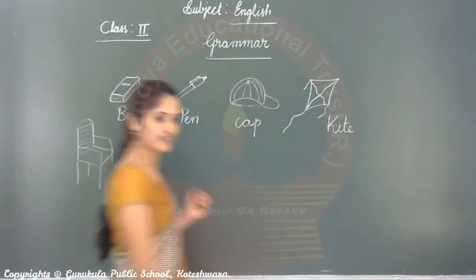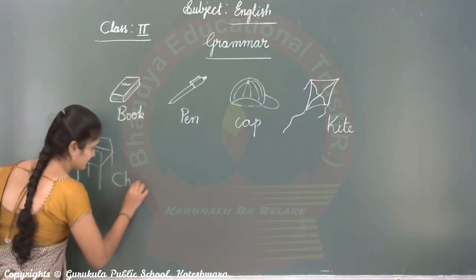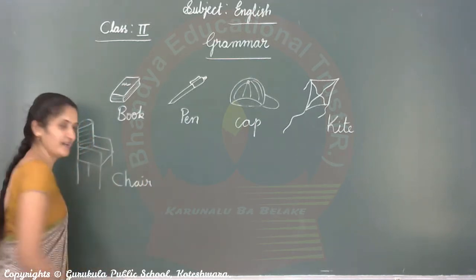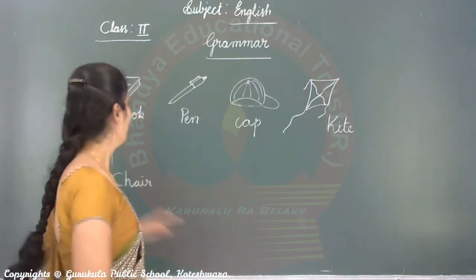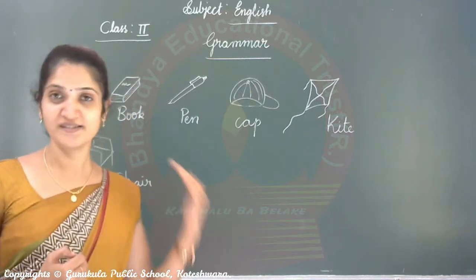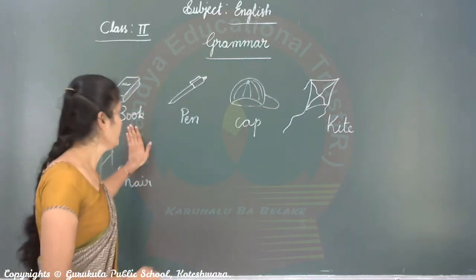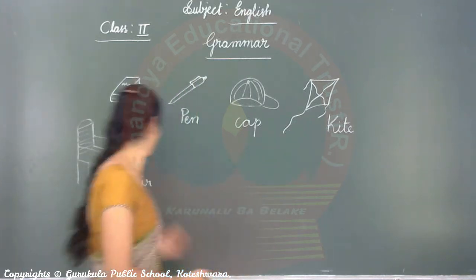Then this one, chair. Right? You know all these names and the spelling also very well. But here I wrote some pictures and their names. Book, pen, cat, kite, chair.